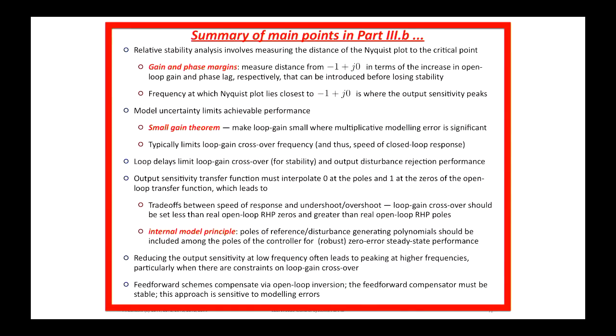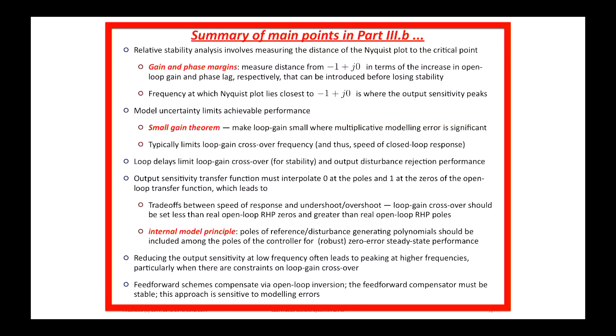It's just a way of putting an extra degree of freedom in place. Okay, so this is just a summary of the main points, in part B of section 3 here. So part B started off with thinking about closed loop relative stability, right?